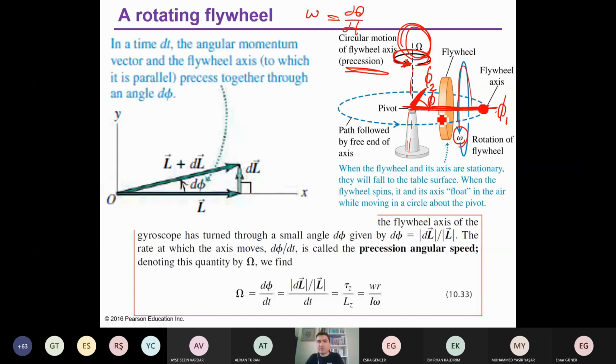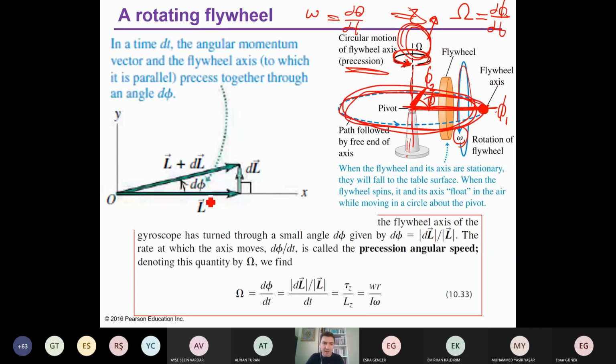So in terms of phi angle, this Omega, angular speed of the precession, can be written in this form, d phi over dt. Same, okay? Everything is same. There is no new information here. So what is d phi? Small change in the angle when the flywheel is rotating about this axis, okay?